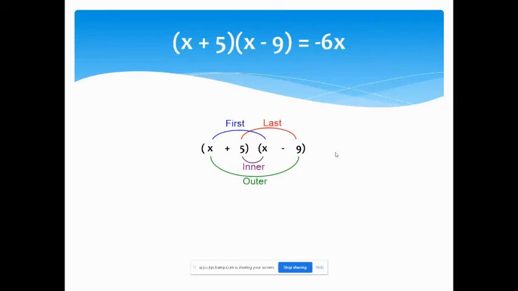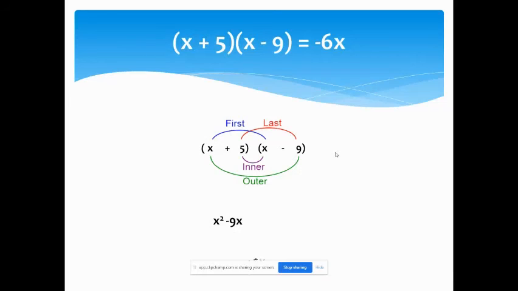Our first terms would be x times x, so we would have x squared. Our next terms would be, as what it says, outer, x times negative 9, and the product would be negative 9x. Next is our inner term, which are positive 5 and positive x.